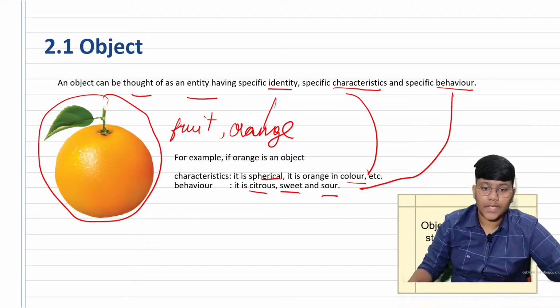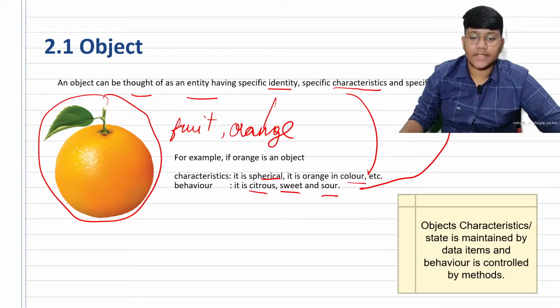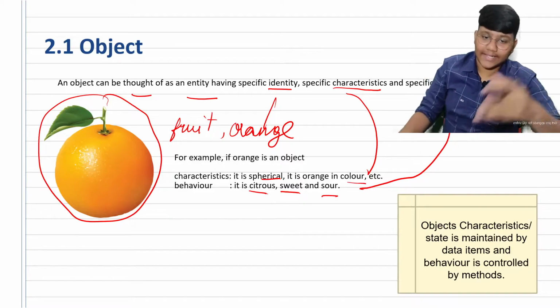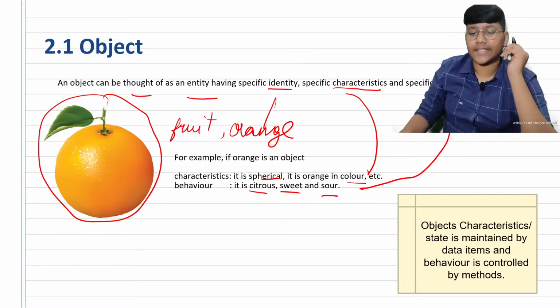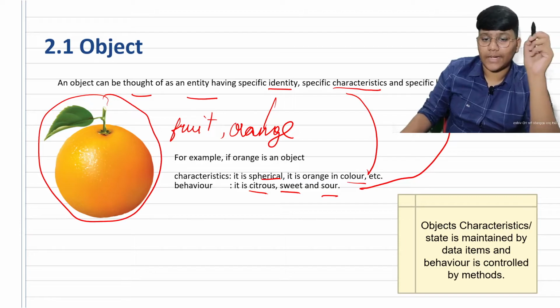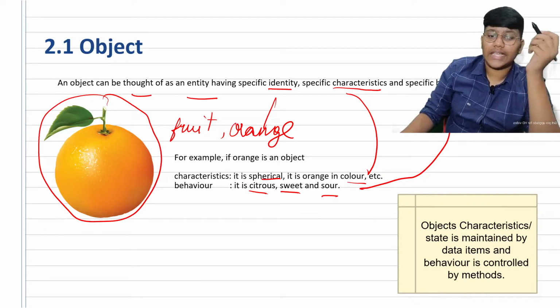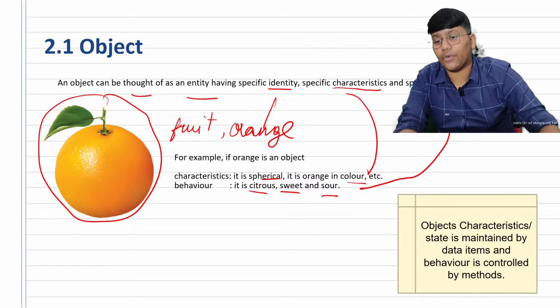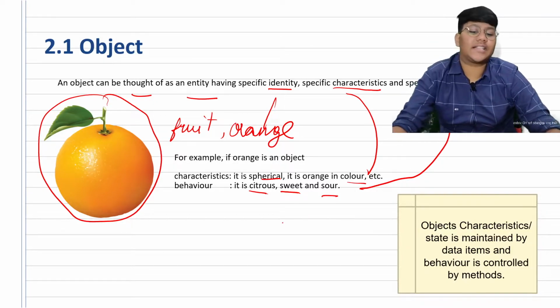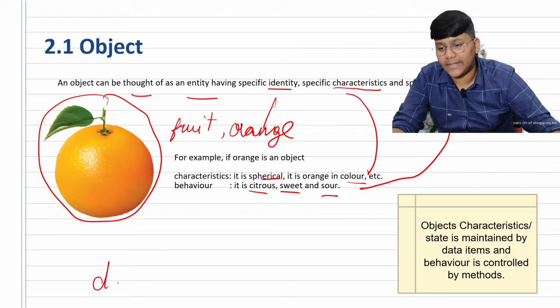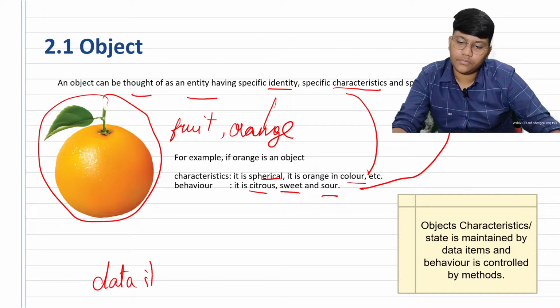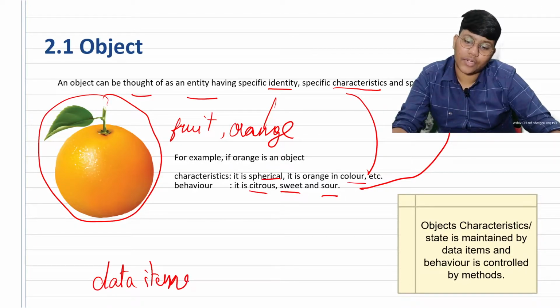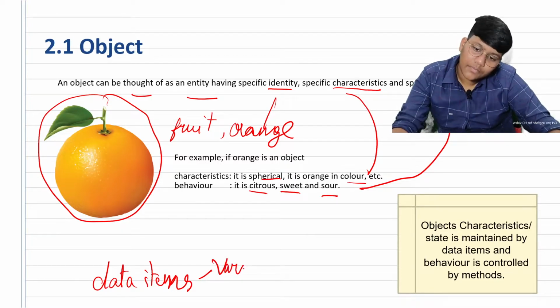Object characteristics or state. An object's characteristics or state is maintained by data items and behavior is controlled by methods. For example, if orange is an object, it would have some data items, for example, variables, constants.